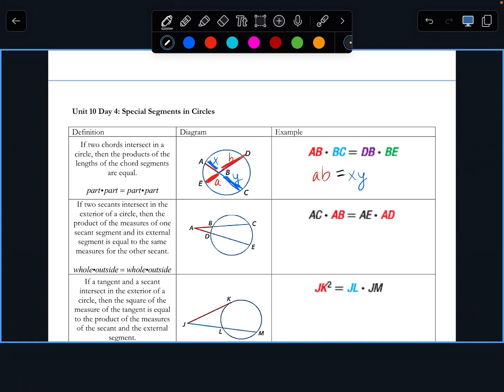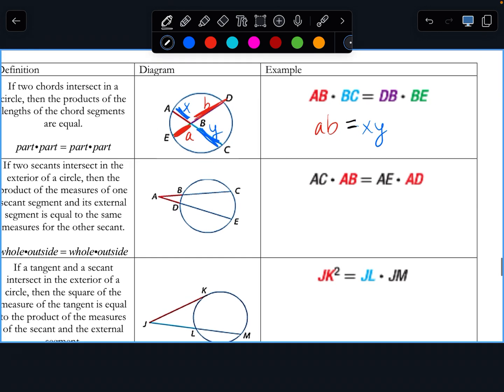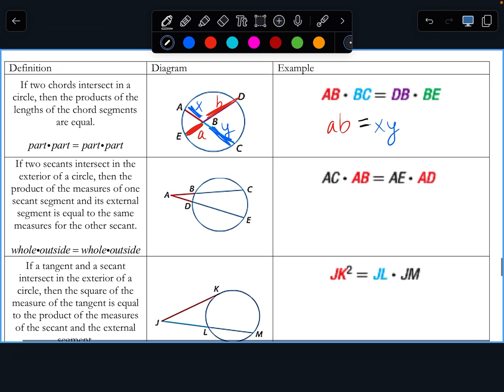Okay. This next one, notice you've got segments sticking out. The book where we got this from does it in a different order. It doesn't matter. You could think of it as the whole segment times the outside equaling the whole times the outside.